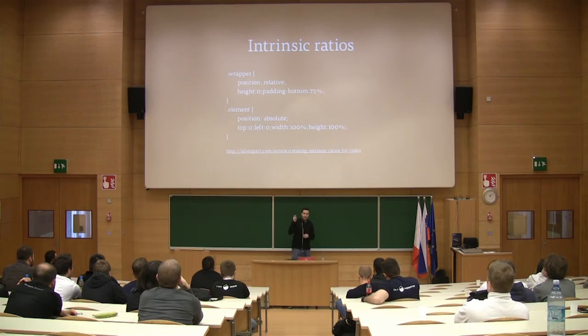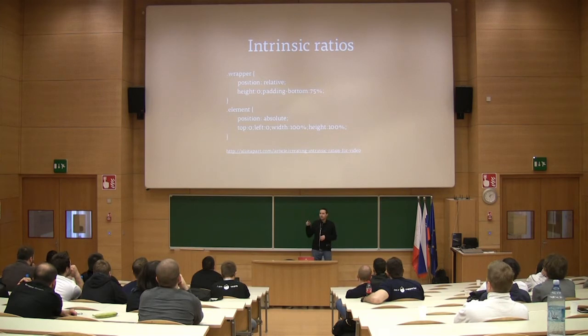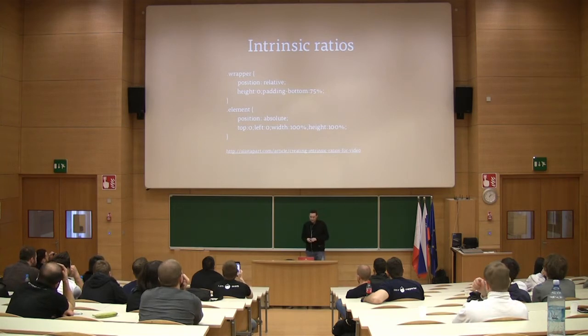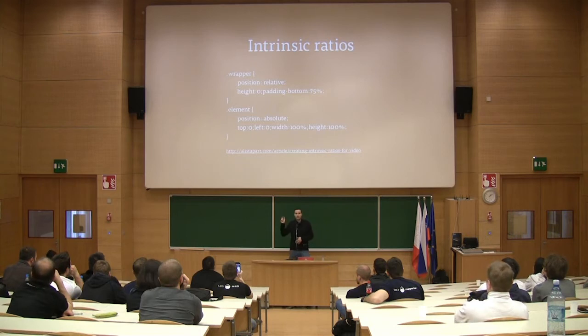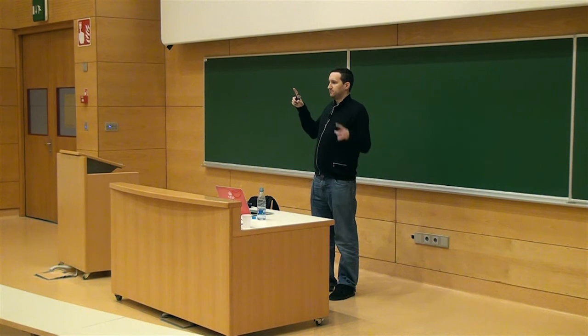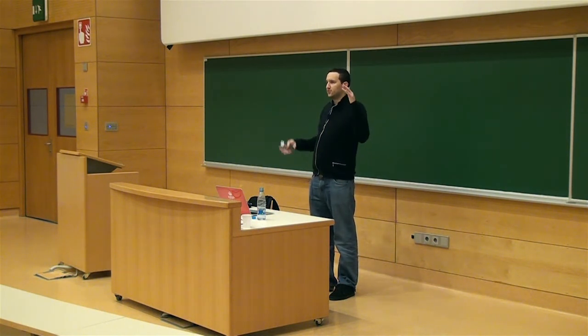So doing this is actually going to make the wrapper 4 to 3. So the height is going to be 3 times as much if the width is 4 times. So this actually means that you can use a YouTube video and include it in here, and it's simply going to stretch, and it's always going to be in the right ratio, right?